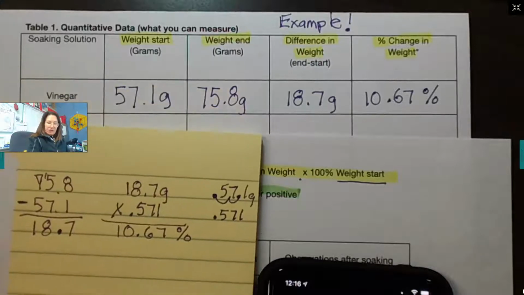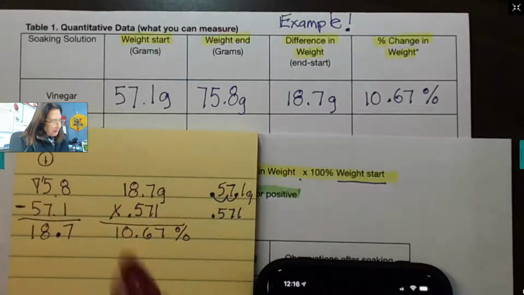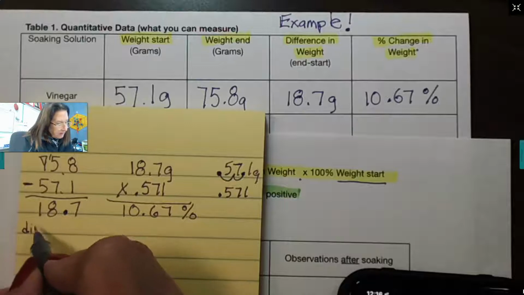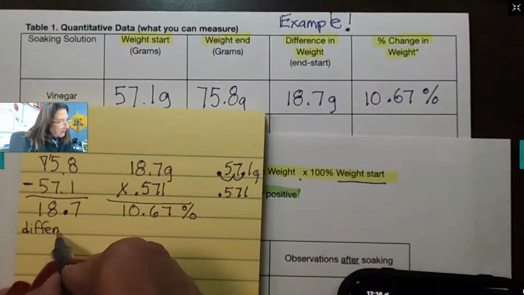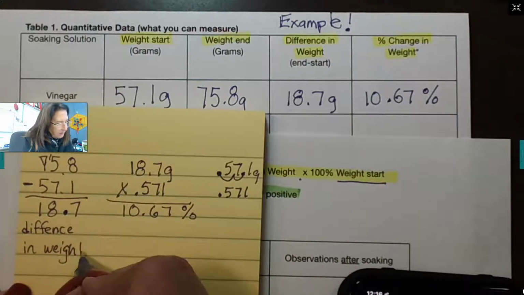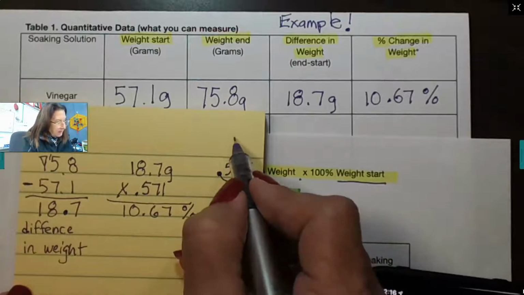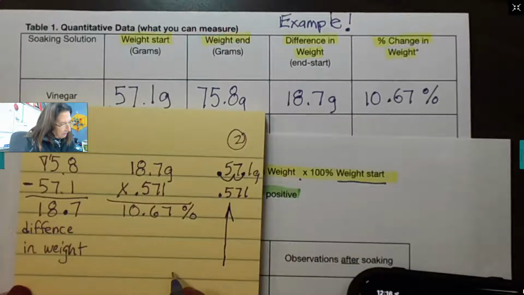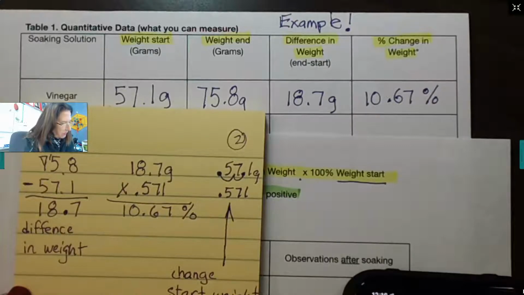Okay, so this is my first step to get the difference in weight. This is really kind of my second step, and this is to change the start weight to a percentage.